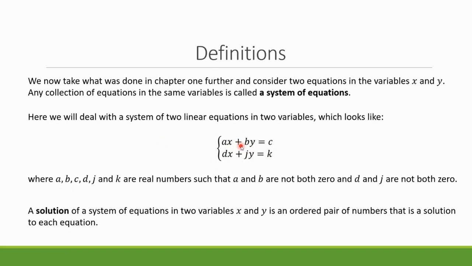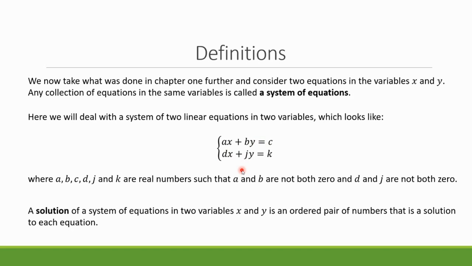Since we have two variables, our solutions will be ordered pairs of real numbers. But a solution to a system like this is an ordered pair that is a solution to both of these equations. So it's a solution to the first equation and it's a solution to the second equation. Again, that's just a definition.